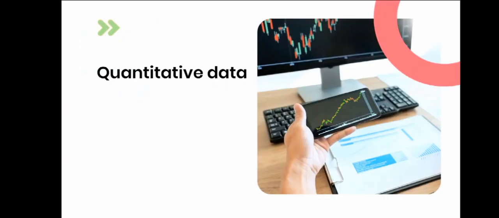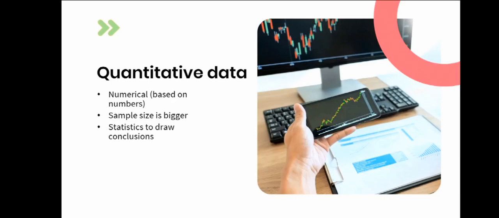Data can also be quantitative. We will investigate quantitative data throughout. Quantitative data is numerical, meaning it is based on numbers. The sample size is usually bigger than it will be for the qualitative data. We use statistics to draw conclusions from quantitative data.